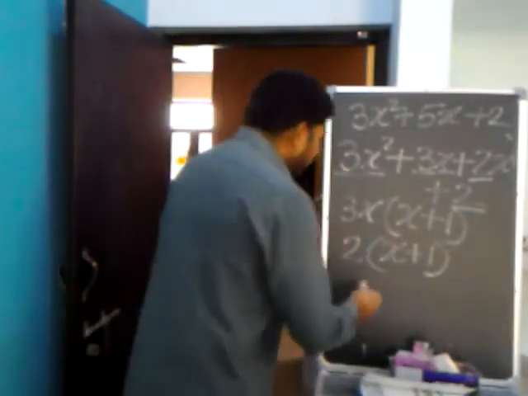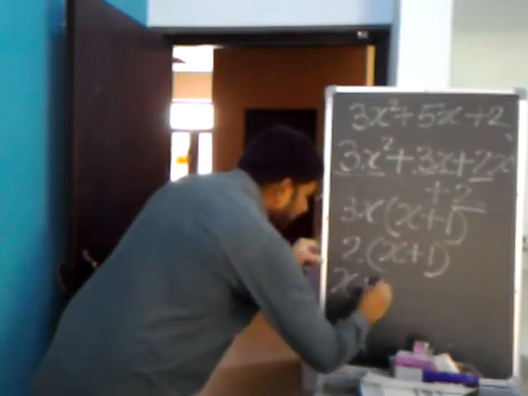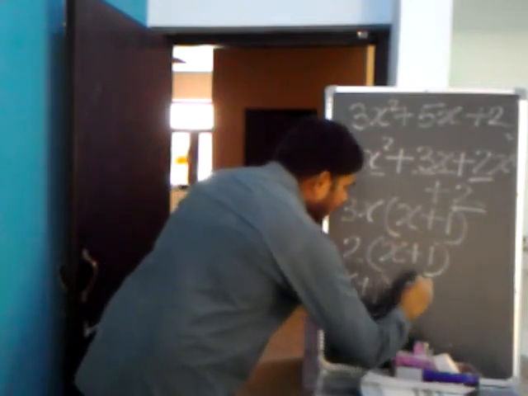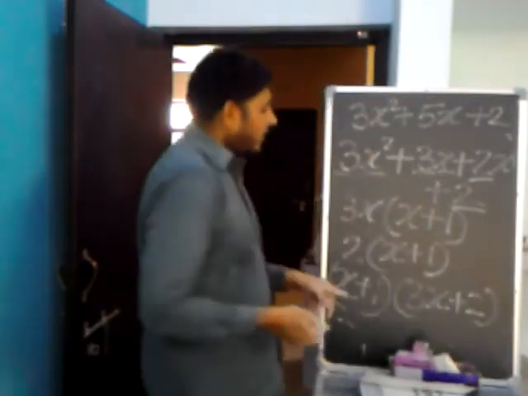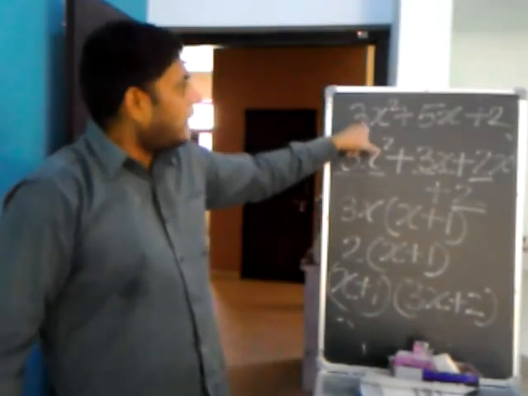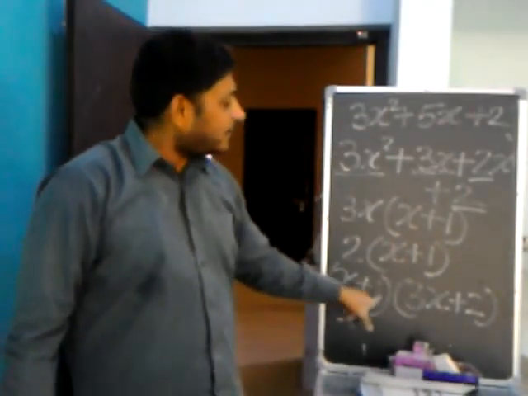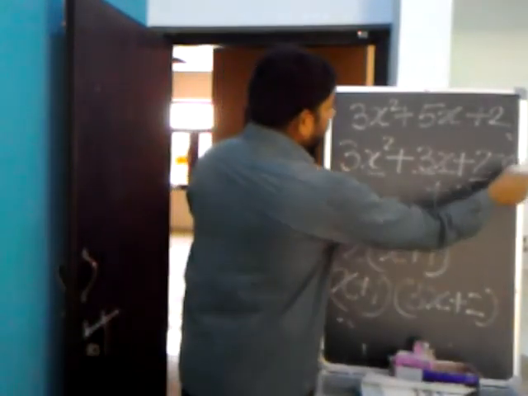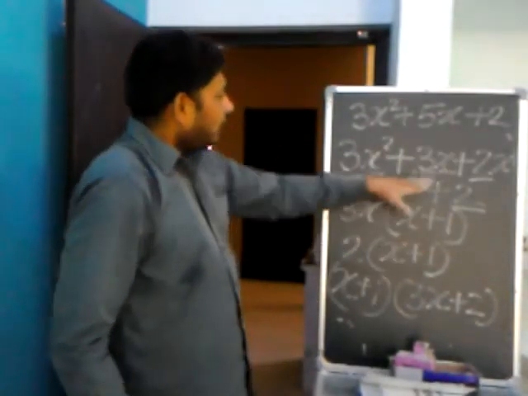Now I can write it down as x plus 1 and 3x plus 2. These are two factors of the polynomial 3x square plus 5x plus 2. Factors are x plus 1 and 3x plus 2.